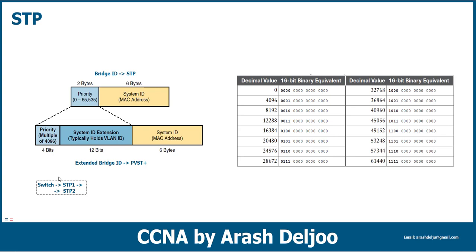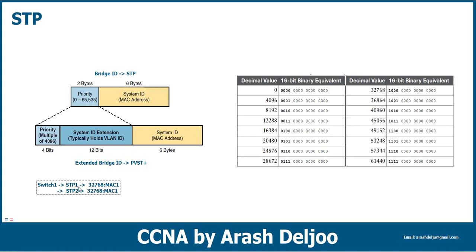The default BID definition is the priority, a number between 0 and 65,535, with a default value of 32,768, colon MAC 1, meaning the MAC of this switch 1, and for STP 2 it is again the same priority and then MAC 1.